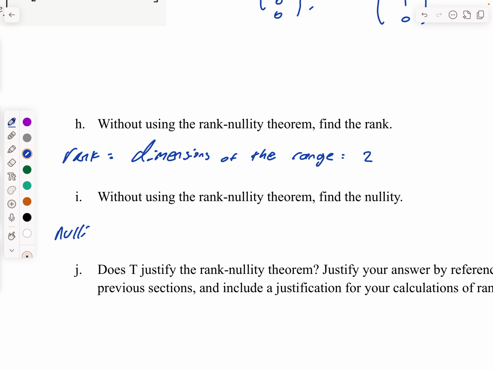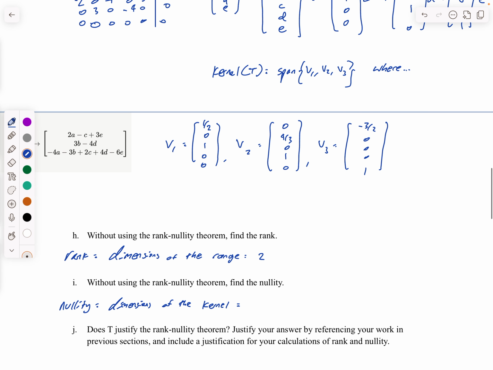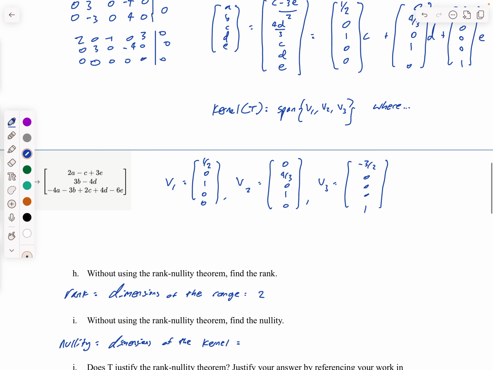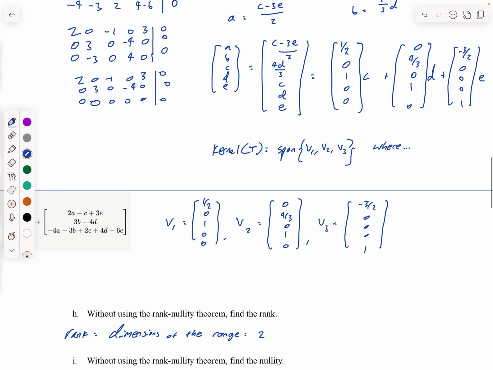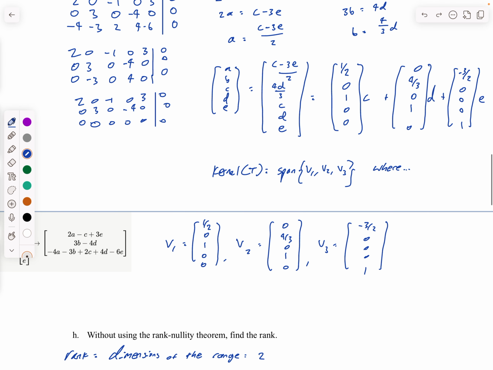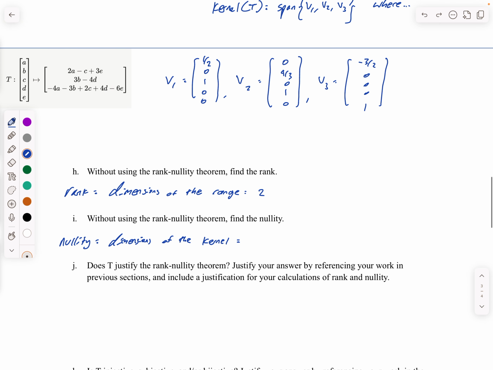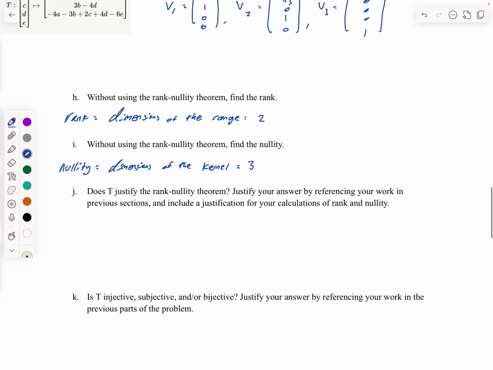Okay, and our nullity is going to be equal to the dimension of the kernel. And going back to solving for the kernel, we see that our definition is formed by 3 basis vectors, or it has 3 variables in its vector definition. So this one is going to be equal to 3.